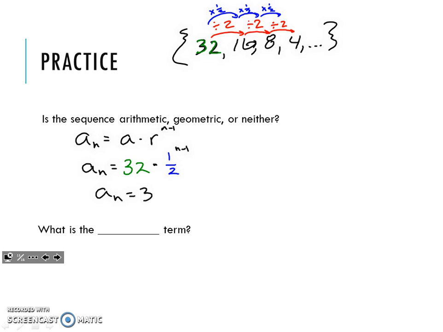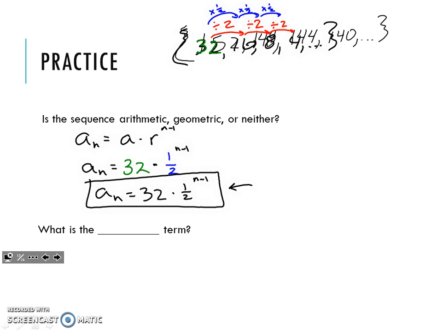So a sub n would equal 32 times 1/2 to the n minus 1 power. Okay, and then I can use that to find any term that I am looking for. I'm going to skip that here just so we can get finished up. Again, you're not going to be able to simplify this formula. Anytime it's geometric, you can't simplify it.